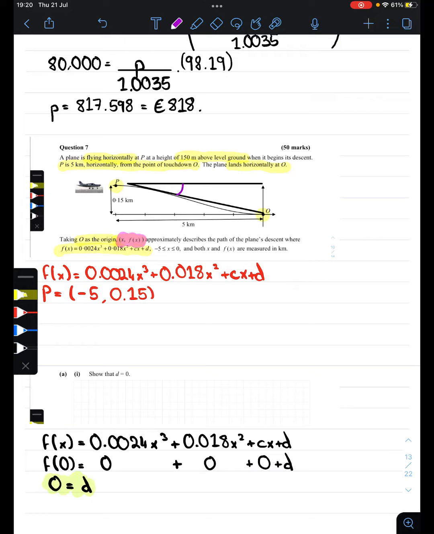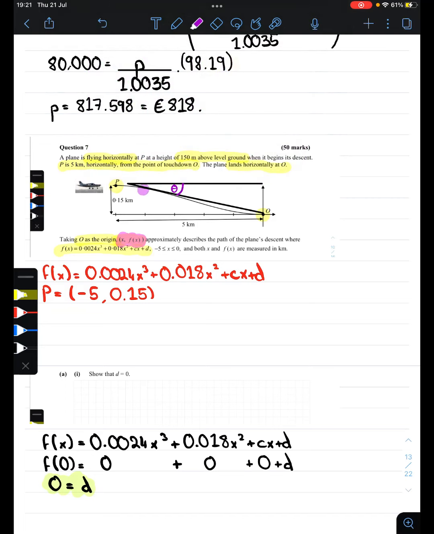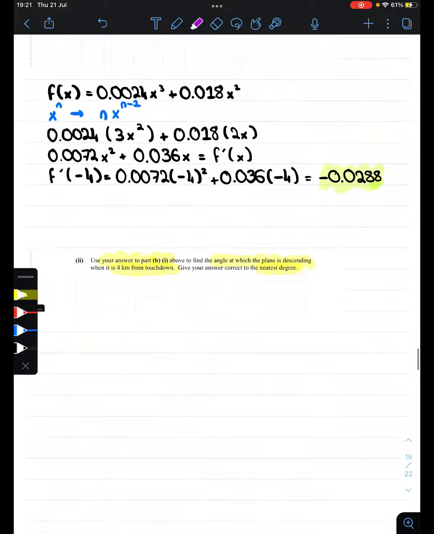So we want to find out what this angle is, let's say theta. What is this angle theta at this point here? Well, we know that the derivative is the slope at that point. So what's our formula for the slope?